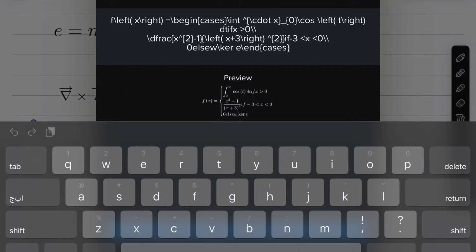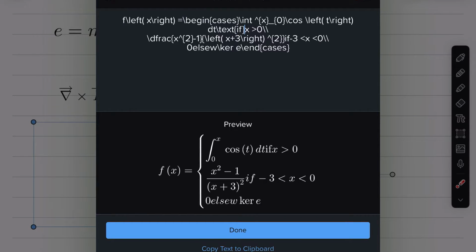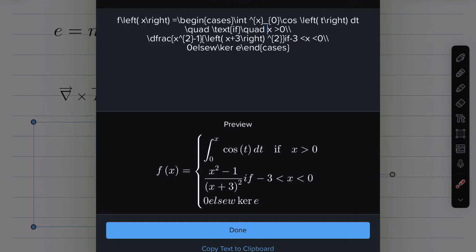So you go here, so that's how you fix this.